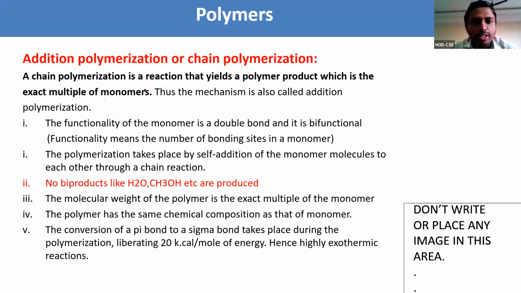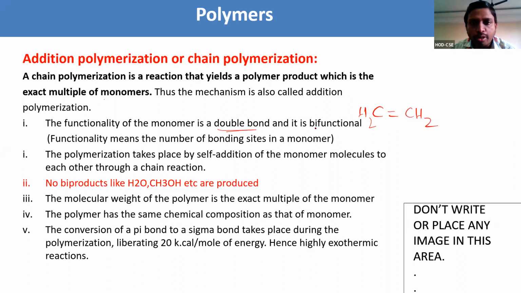In addition polymerization, the functionality of the monomer is the double bond, and it is bifunctional. For example, ethylene, CH2 double bond CH2, is a monomer. Functionality means the number of bonding sites present in the monomer.